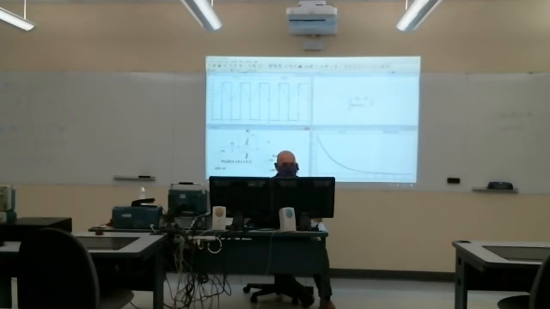I have to play around with it and see why it's not working with the 741 op-amp model. Maybe I've got one of these things. I think they're connected. Minus 20. Okay.